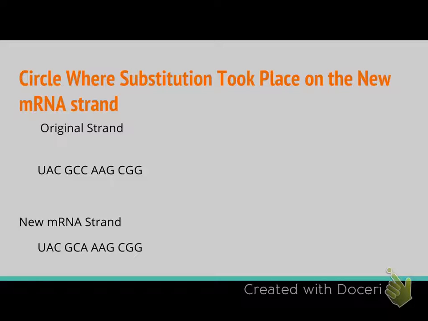Alright, so you're going to do our example here and circle on this strand right here what is the change. So we can see that on this strand, the A was switched out. Everything else lines up. It's the A that doesn't belong.